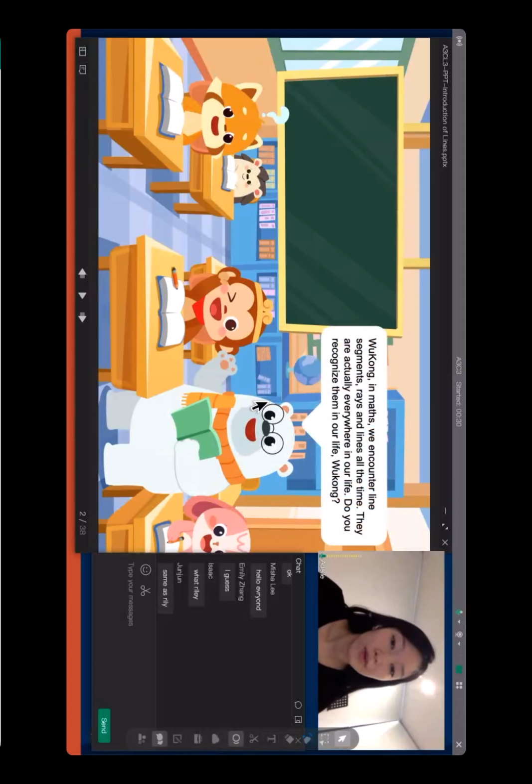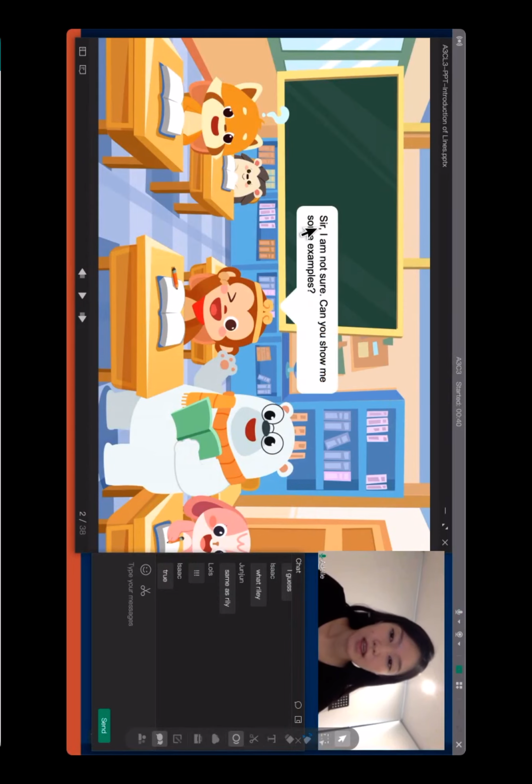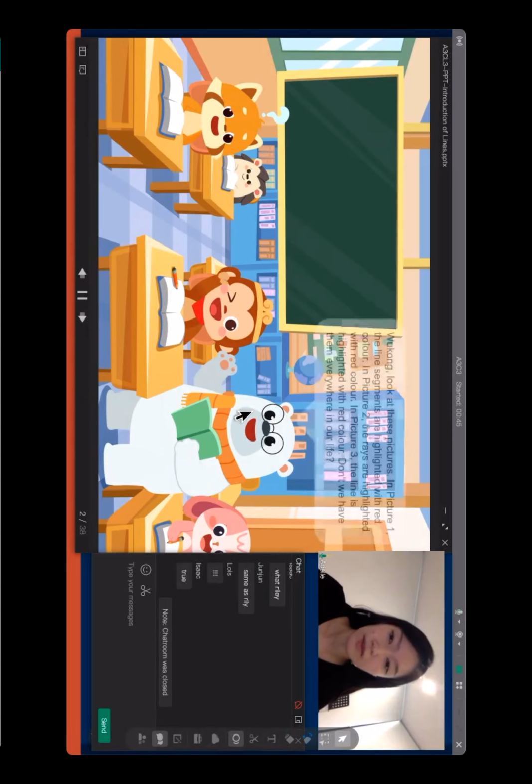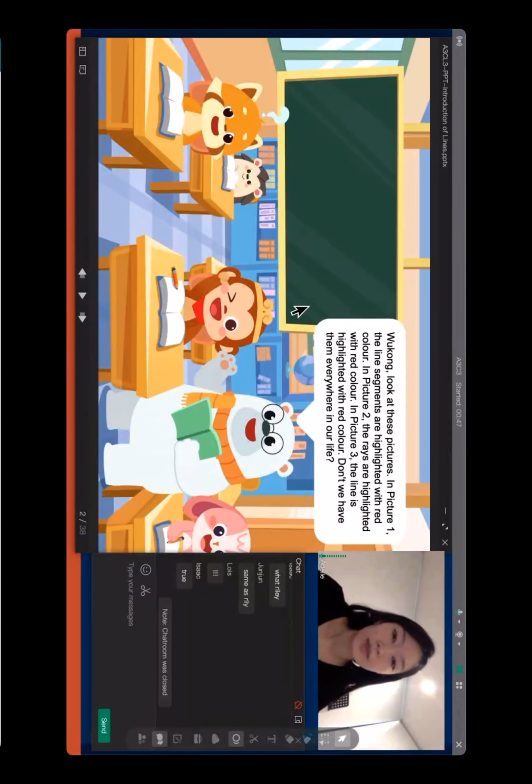So in math, we encounter line segments, rays, and lines all the time. They're actually everywhere in our life. So do you recognize them in our life? And Wukong said, Sir, I'm not sure. Can you show me some examples? But look at these pictures.